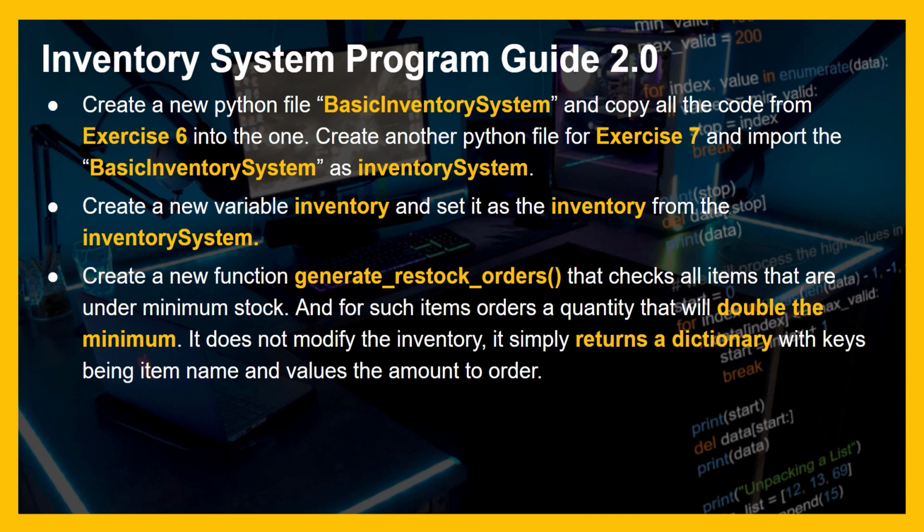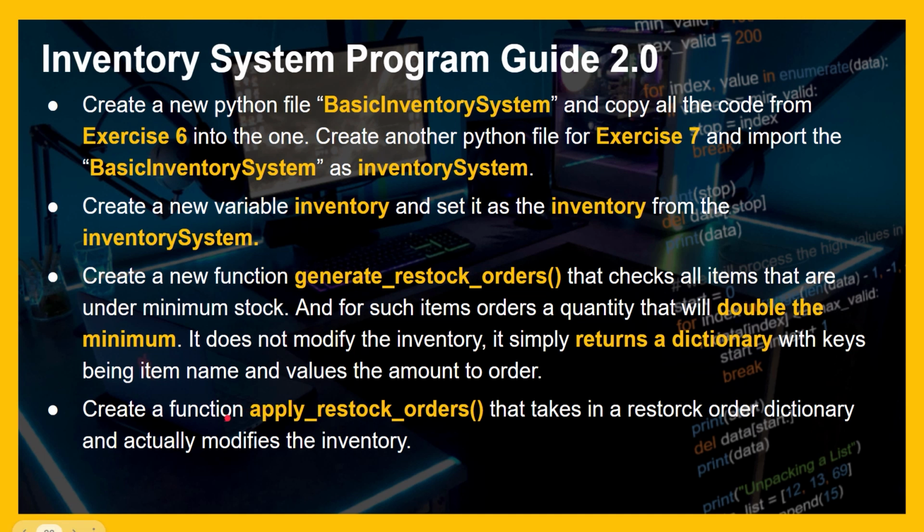It simply returns a dictionary. Oh, by the way, it does not modify the inventory in itself. It simply returns a dictionary with keys being item names, and values the amount that you order. So this generates a restock order. It does not actually restock your inventory.